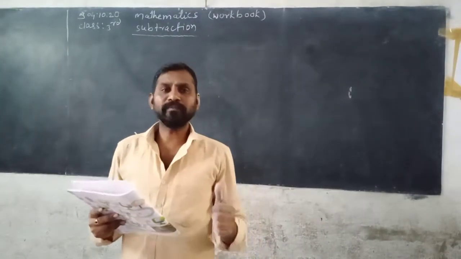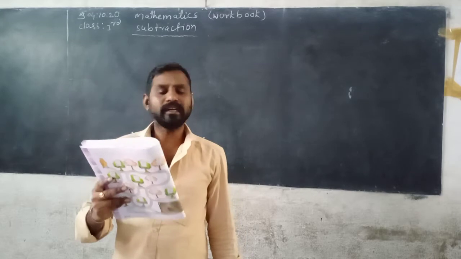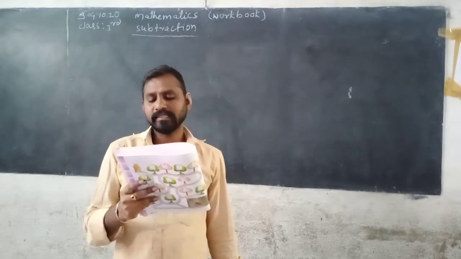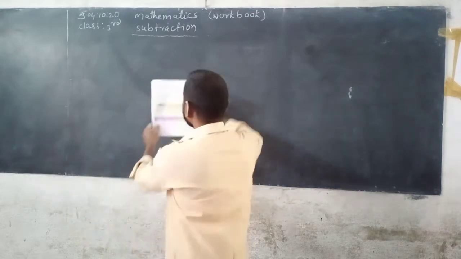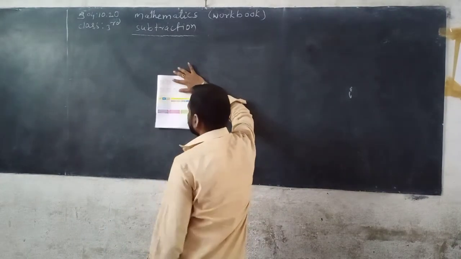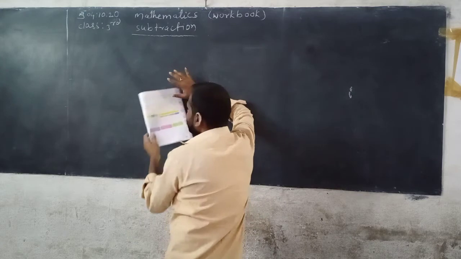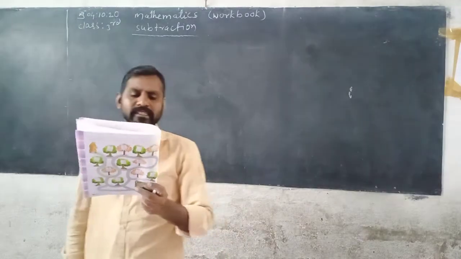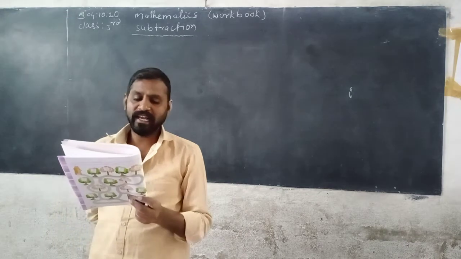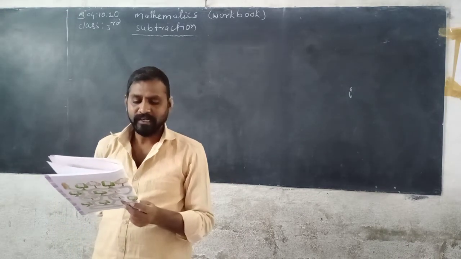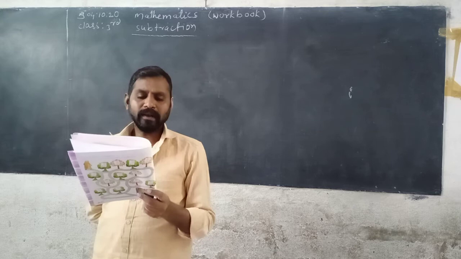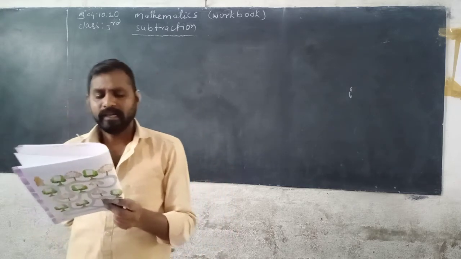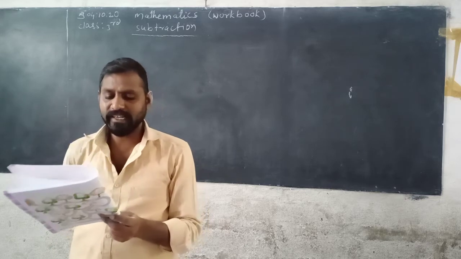The number of men and women living in four colonies in a city are as given below. See here, colony, men, women. Colony A, number of men 4,598, women 4,987. Colony B, number of men 9,671 and women 9,678.